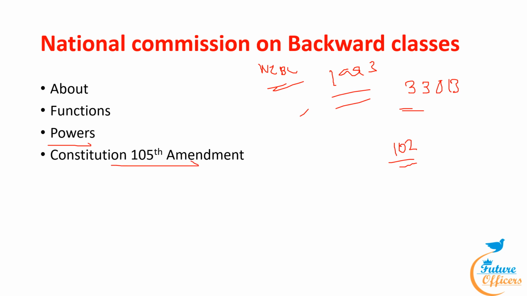The Constitution 105th Amendment, by amending Articles 338B and 342A and 366(26)(c), allows states and union territories to prepare their own list of socially and educationally backward classes.